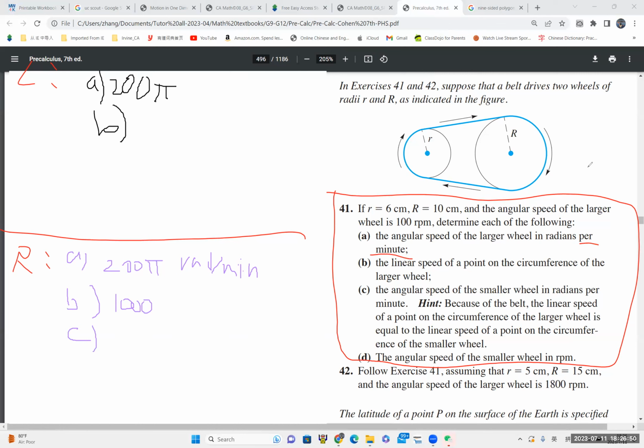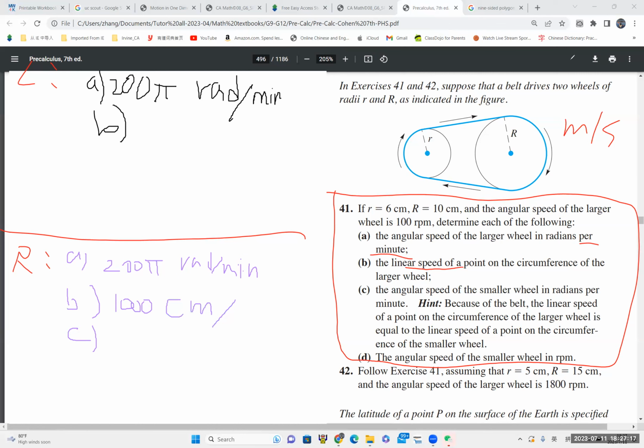Ray, for the speed, you need to mention its unit, right? In physics, the basic unit for speed is meter per second.